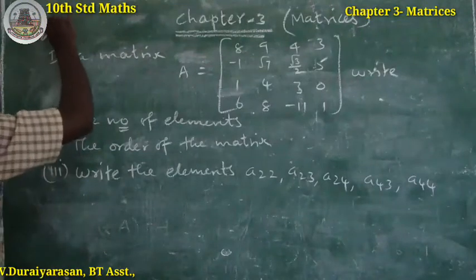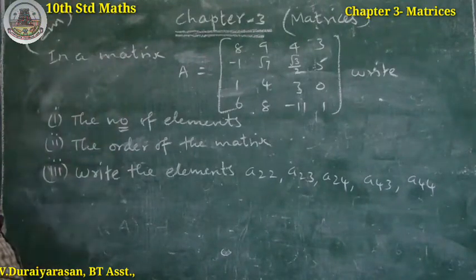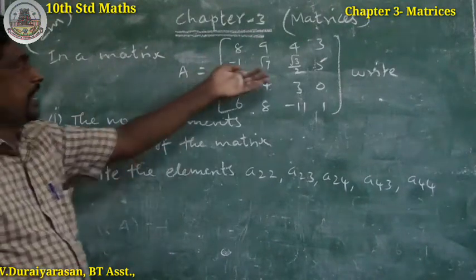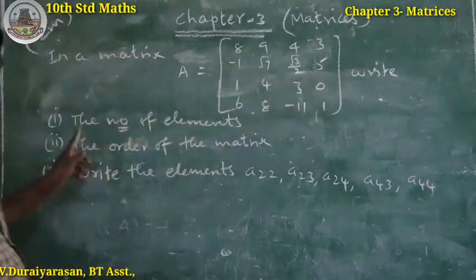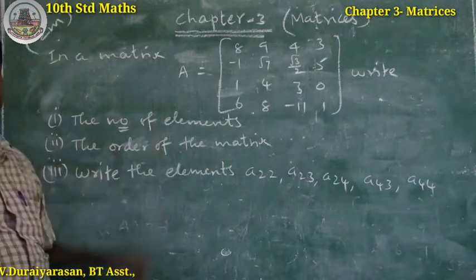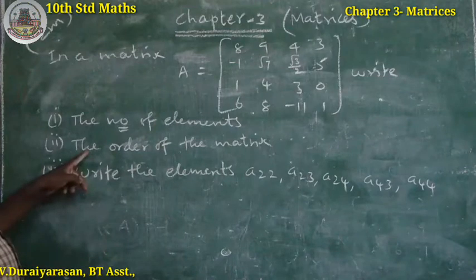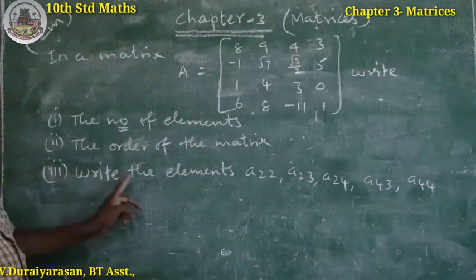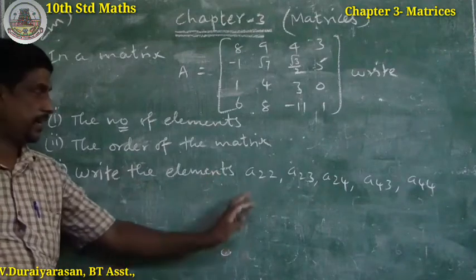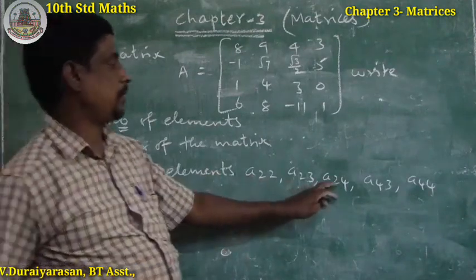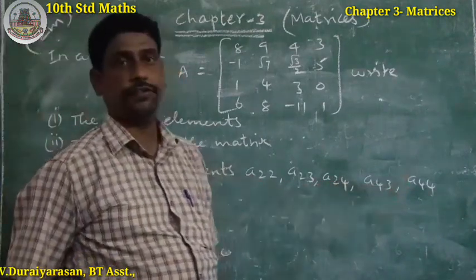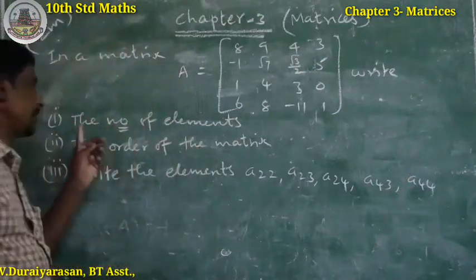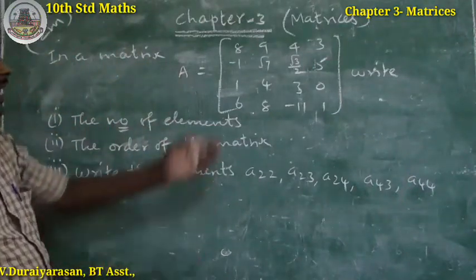Two more questions. A matrix A is given. First question, write the number of elements. Second question, the order of the matrix. Third question, write the elements a22, a23, a24, a43, a44. First question, how many elements are there?